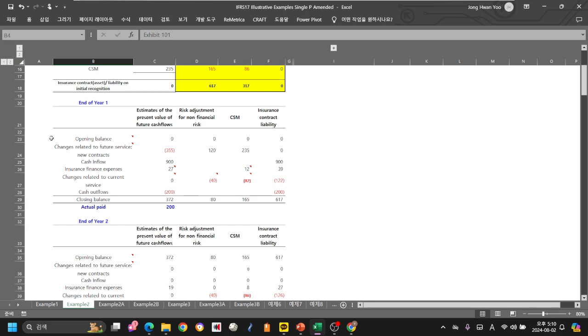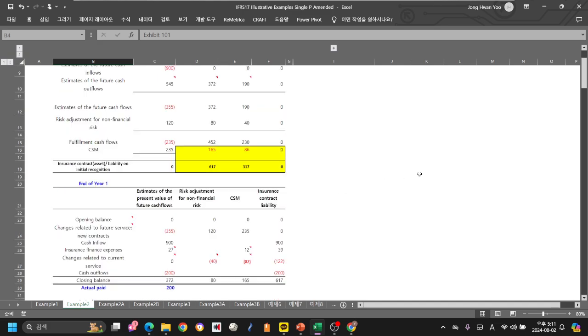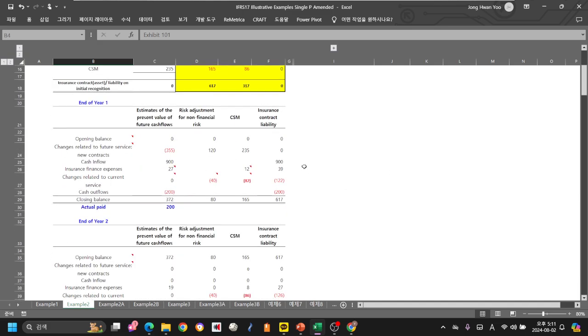So what it does is, from the opening balance to the closing balance, you start with all zeros, obviously, and then you measure on initial recognition all those. When you look at it, for all future cash flows, over the contract boundary of 3 years, how did I come up with the estimate?